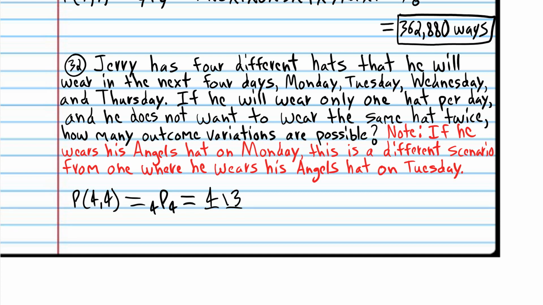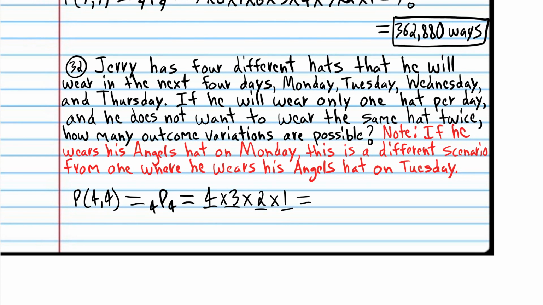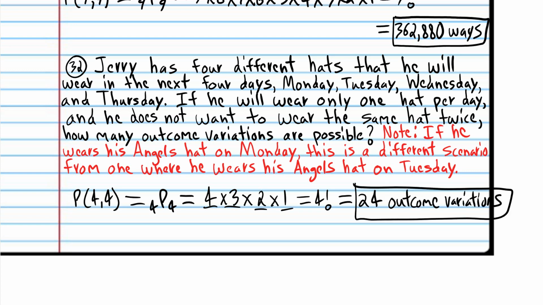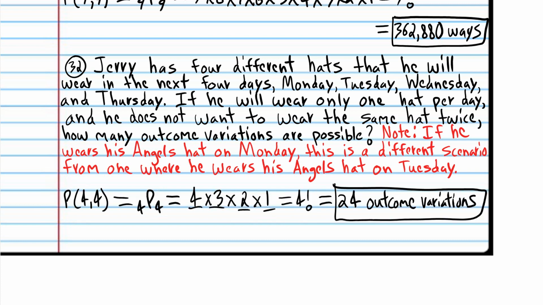So he only has 3 options for Tuesday, and 2 for Wednesday, and 1 option for Thursday. So the answer is simply 4 factorial, which is 24 outcome variations. So if you got that right, excellent.